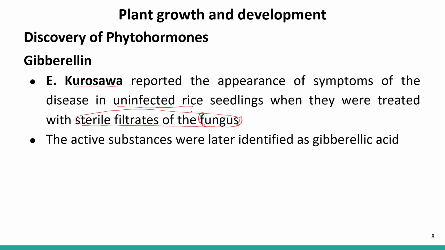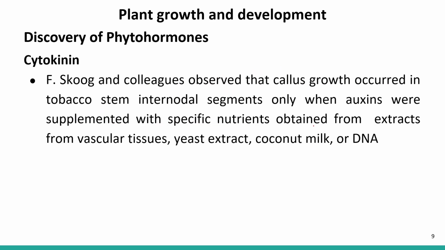He reported the appearance of symptoms of this disease, which means these seedlings were also infected, with increased growth of the internodal region. The active substance was later identified as gibberellic acid.